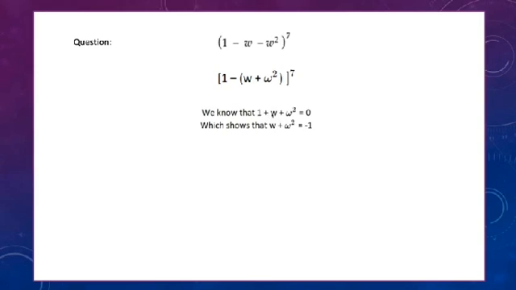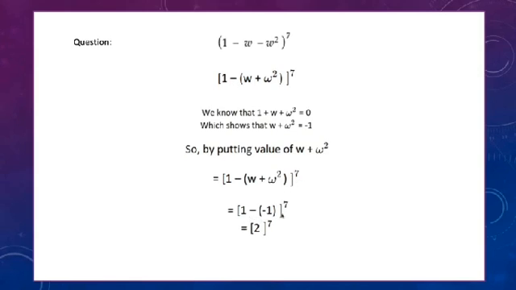If 1 plus omega plus omega square is equal to 0, it means omega plus omega square is equal to minus 1. And we can put this value instead of this value within the bracket. So if we put this value of omega plus omega square, we will get 1 minus (minus 1) whole bracket raised to power 7.